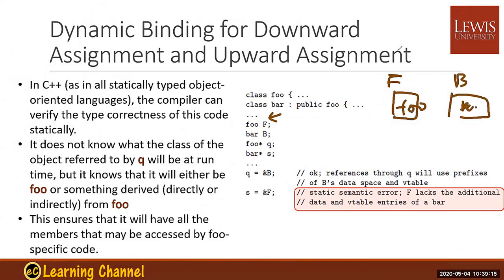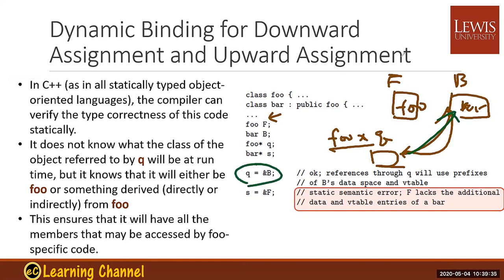And then we have Foo pointer Q. Q is a pointer to a Foo object, and then we assign B's address to it, so this becomes a Foo pointer pointing to a Bar object. And then S is a Bar type pointer. We assign the address to this S, a Bar type pointer, so a Bar type pointer pointing to a Foo.